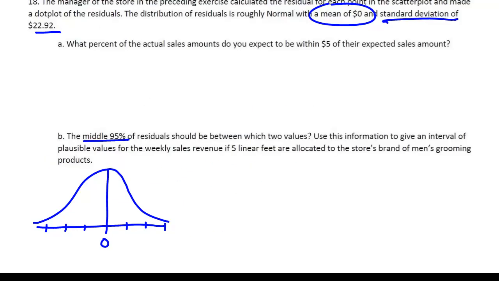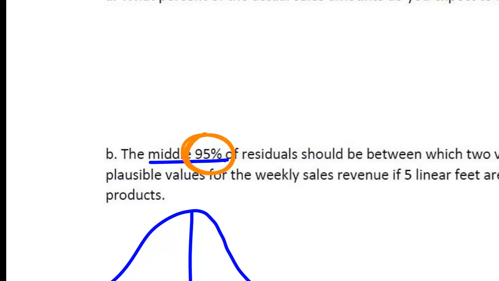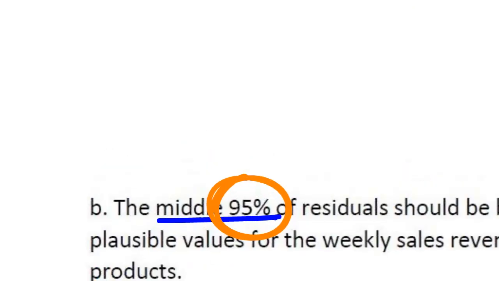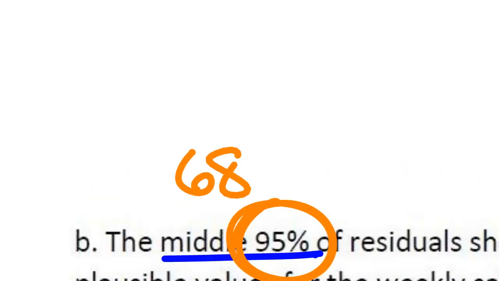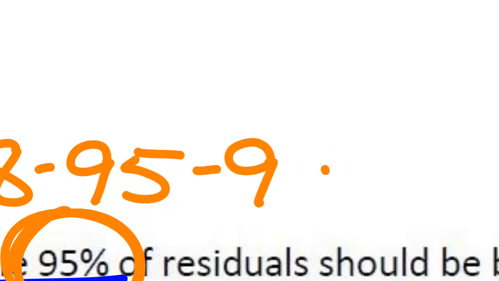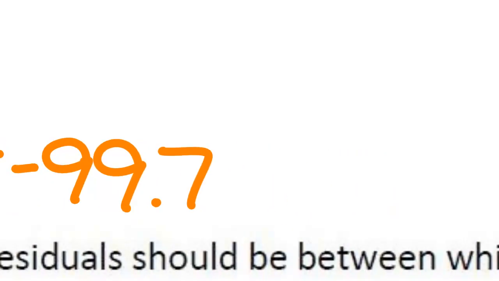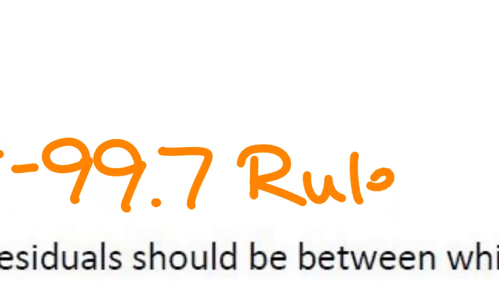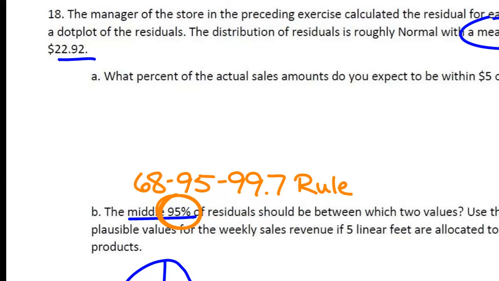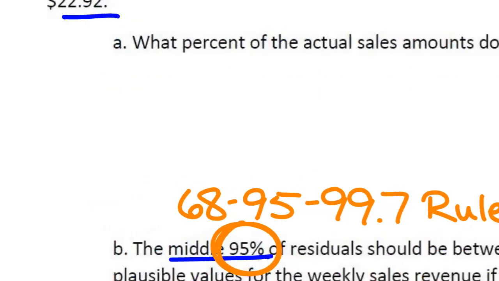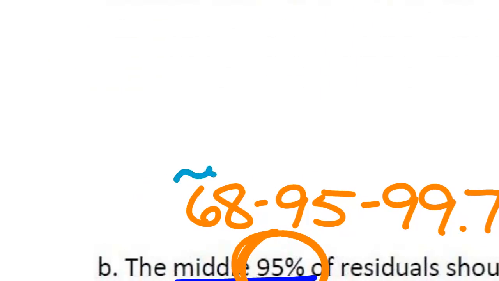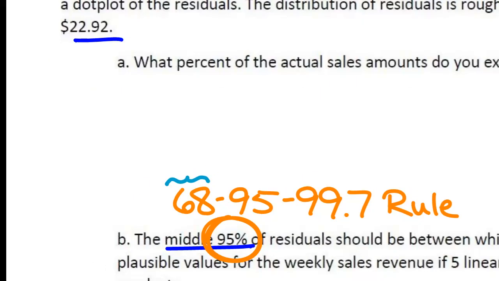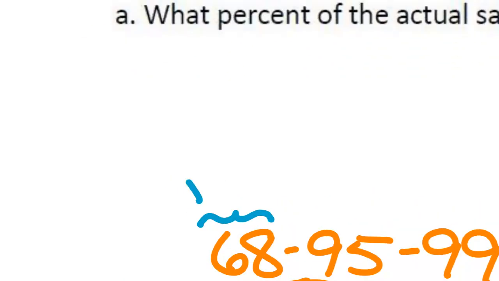Now this 95% is standing out to me because we had something that we talked about called the 68, 95, 99.7 rule. Approximately 68% of the data in a normal approximation will fall within one standard deviation of the mean.